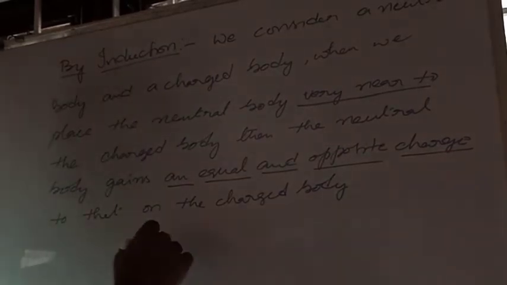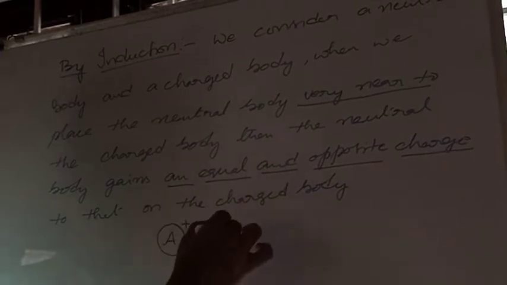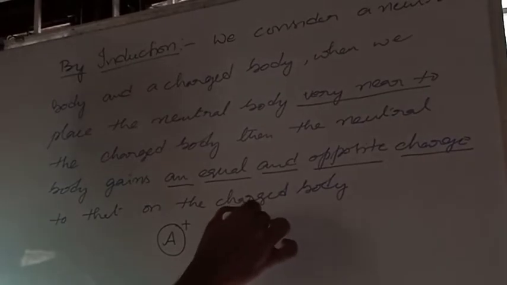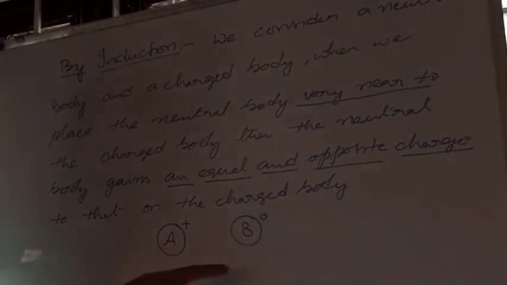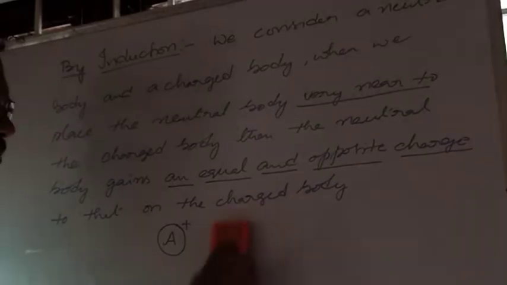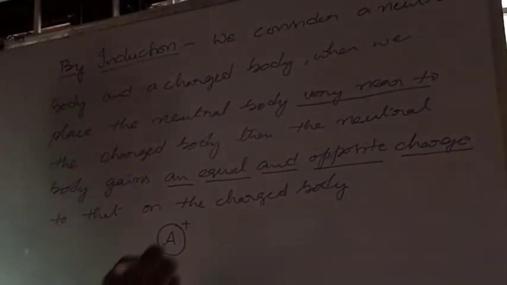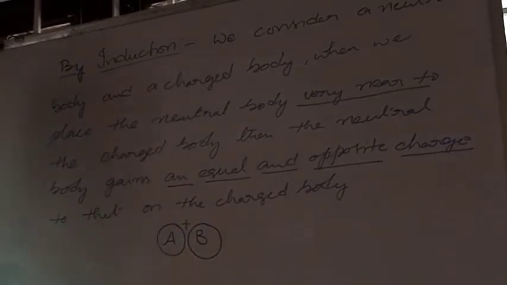So let A be the positively charged body and B the neutral body. Now we are going to place this neutral body very near to the first body without contacting it.